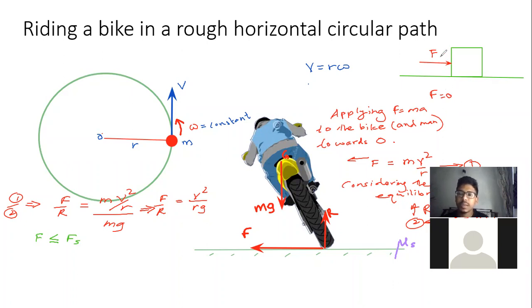But now imagine I'm going to increase this F slowly and gradually. Let's say the force is now something like 1 Newton. Still the box is not moving. That means according to Newton's first law, there should be an equal and opposite force. That force is nothing but the friction acting on it.